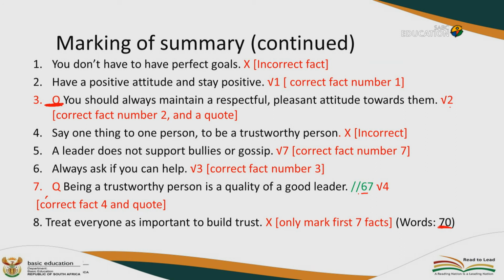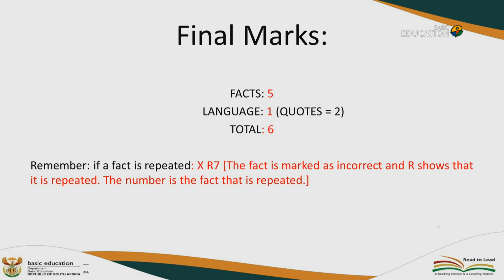That's number 2. 3, correct. 4, correct. 5, correct. Check. 5 facts. Even those that are quotations, remember, they are still facts. They are still correct. But it says language 1. Let's see how this one comes. It says there were 2 quotations.